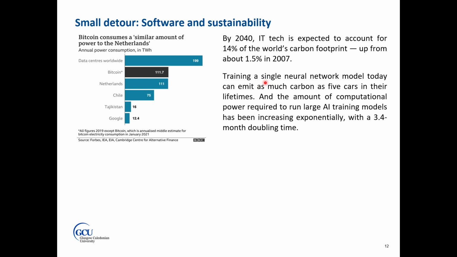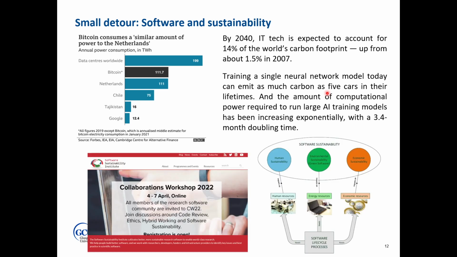If the computation of this simulation is going to have the same consumption as 5 cars, then probably you need to think about whether it's worth it, basically. Is the energy I'm saving with the simulation going to be offset by the energy I used to do the simulation?